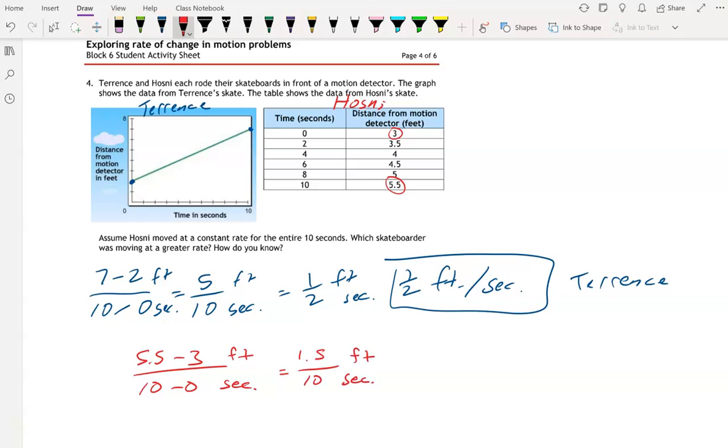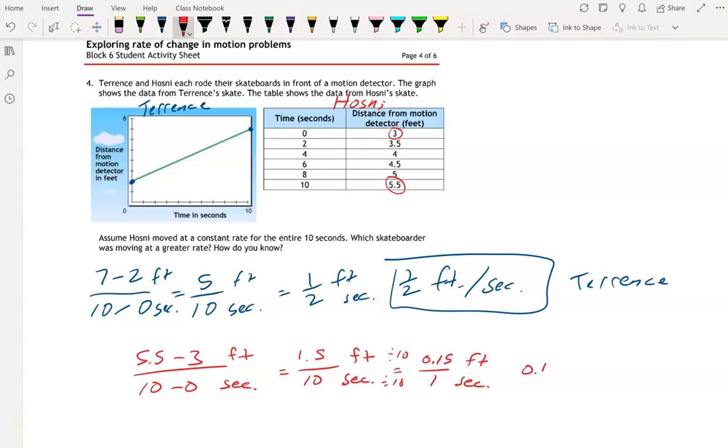Okay, so let's divide both of those by 10. That would be 1 second. Divide that by 10. And that would be 0.15 feet per second.